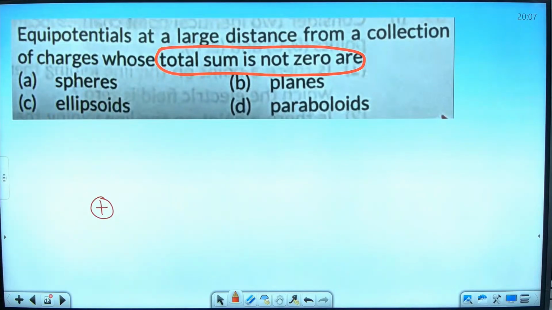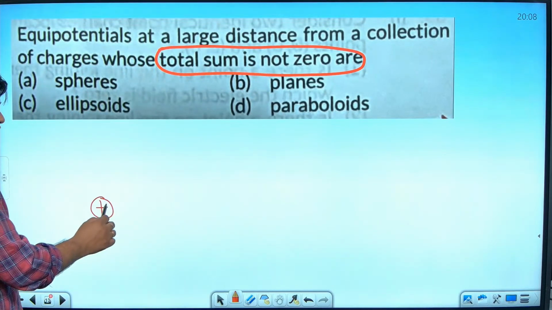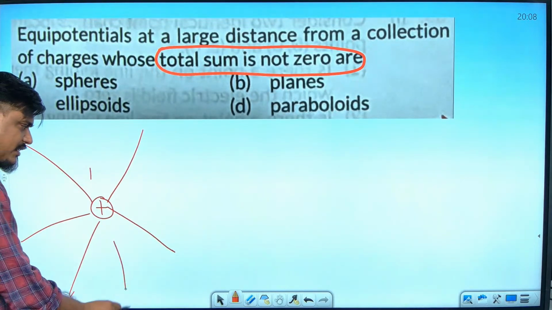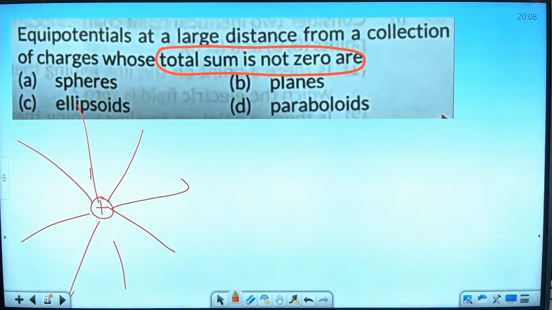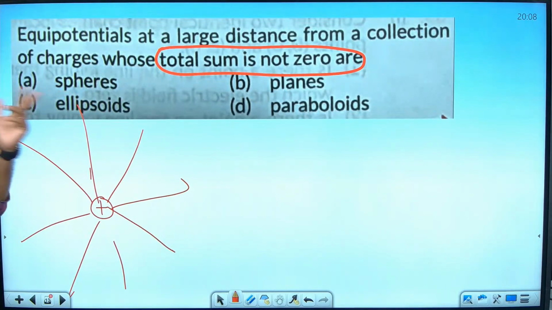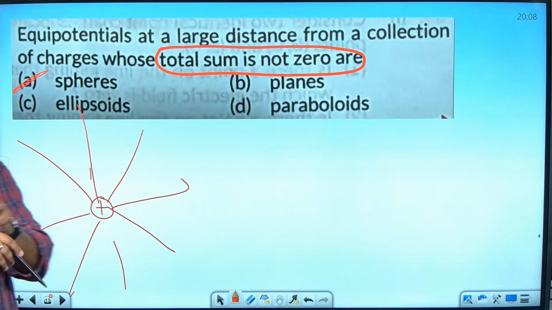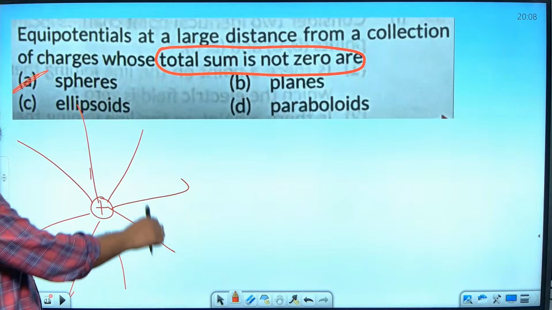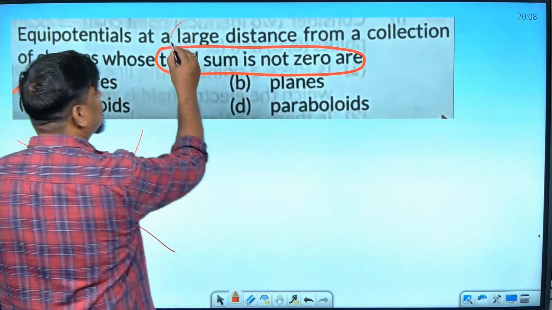I am taking it as positive value, some q value. What is going to be the EPS? Sphere, isn't it? It will be a large sphere. If they would ask, given the option like large sphere, small sphere, you should answer large sphere. But it will be spherical only, because a group of charges together behaves like a single charge. That is why they have given the word large distance.